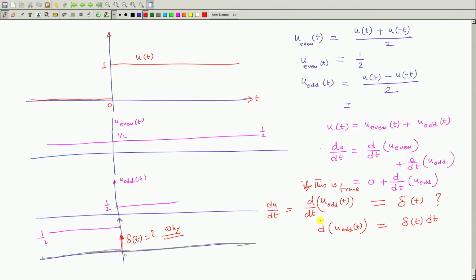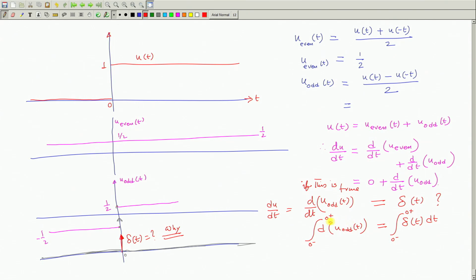Then you integrate this function from 0 minus to 0 plus, both sides. Because as you know, delta t is infinitely large, what can I do? But one thing about the impulse function is sure: integral from 0 minus to 0 plus of delta t dt is 1. Now, let us see whether the left hand side gives you also 1.